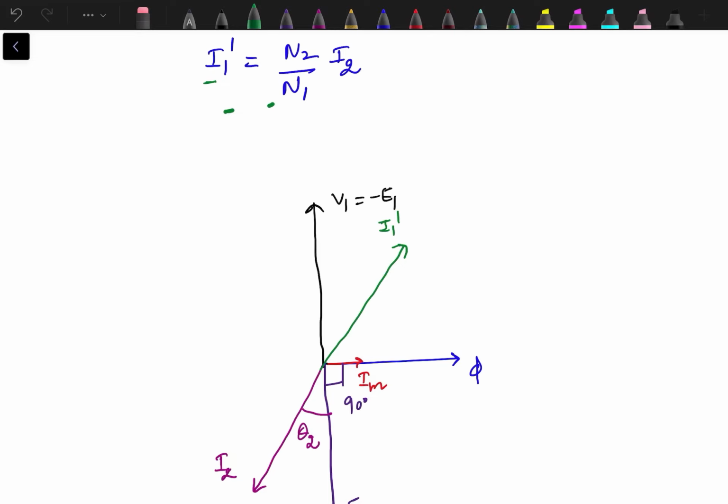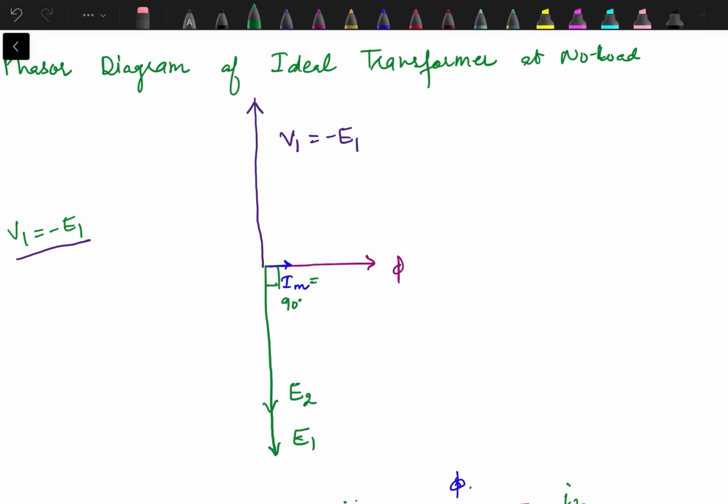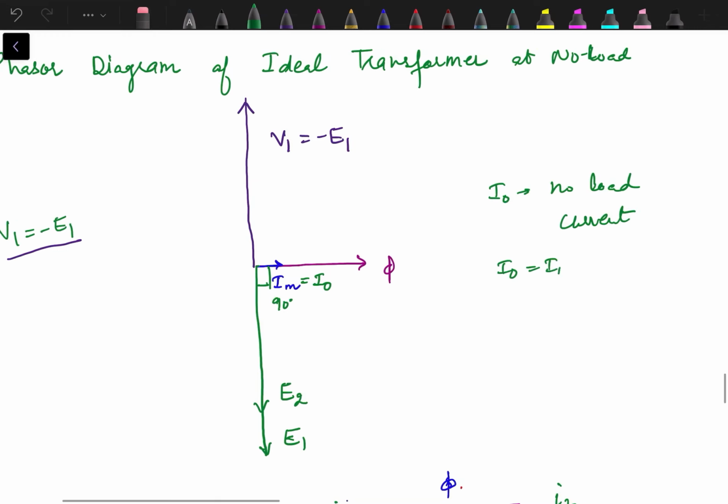This I naught, sorry, Im, which was flowing even at no load, is denoted by I naught. I naught is the no load current of the ideal transformer, which is equal to Im in an ideal transformer. This is equal to Im only in case of an ideal transformer.